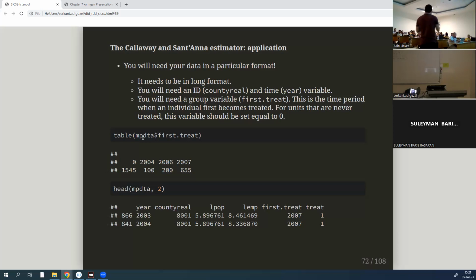I replicated one of the papers written before this method became available, published in a good journal, in one of my classes. When you replicate it using this method, all the results went away, because two-way fixed effects is just a biased estimate. So that's the problem. You can go back and look at early 2000s difference-in-differences papers, if you find the data, and they would all use two-way fixed effects.